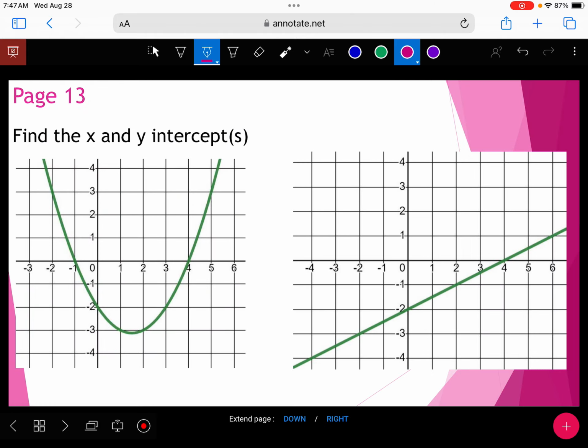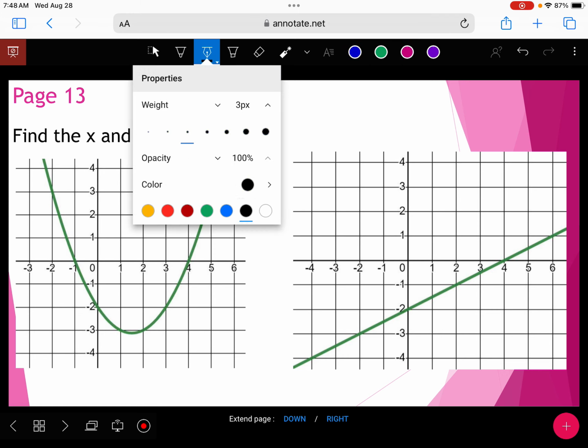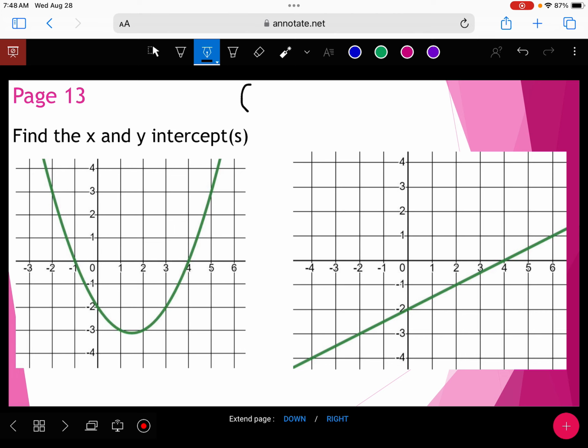So, looking at those 2 we just looked at, our linear and nonlinear ones, we're going to find our x and y intercepts. So remember when we're writing ordered pairs, it's always, always, always x, comma, y.